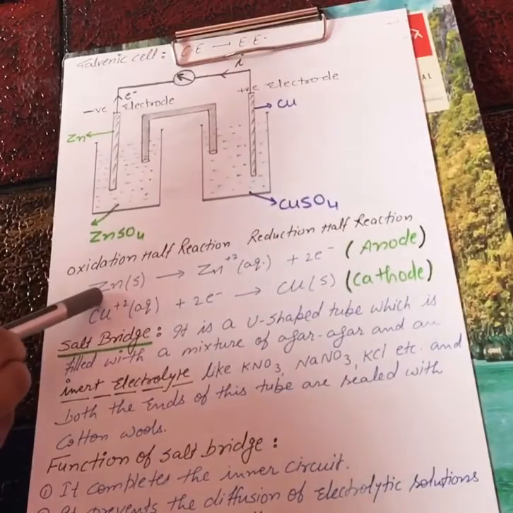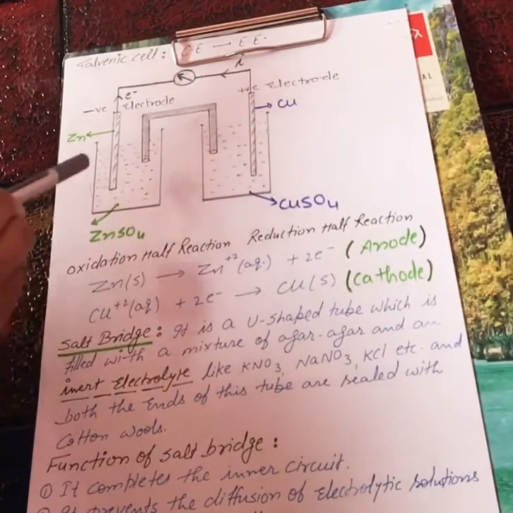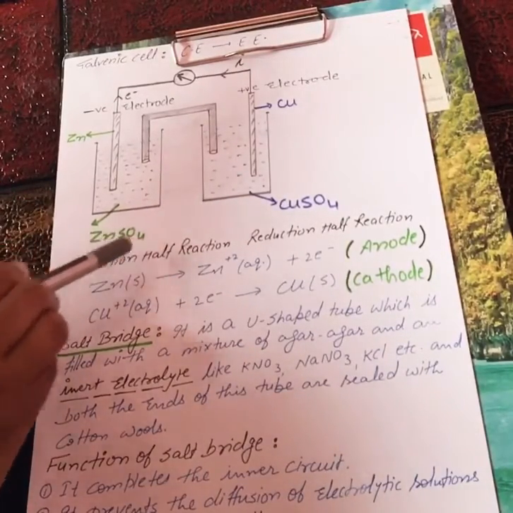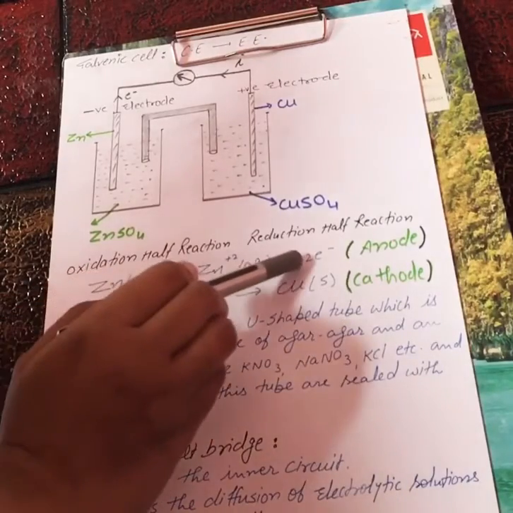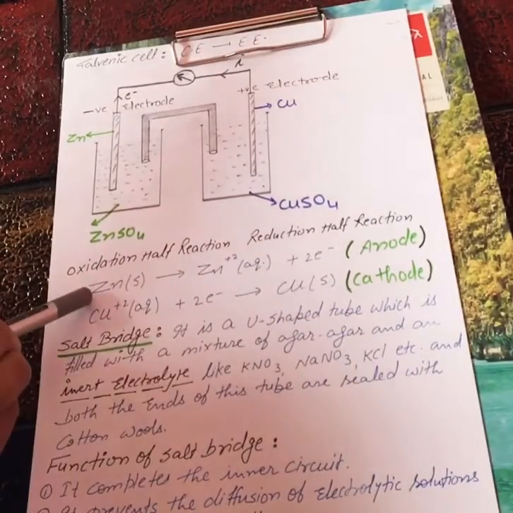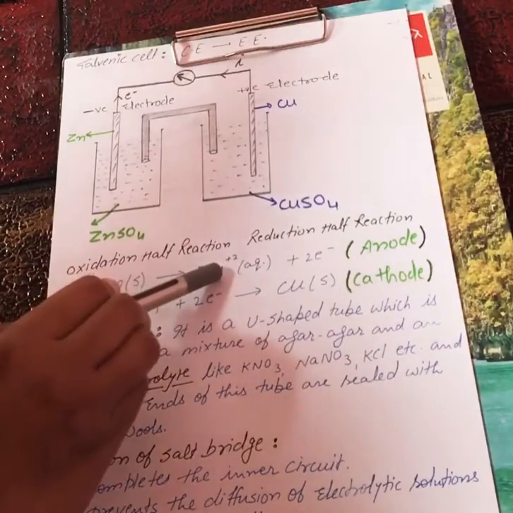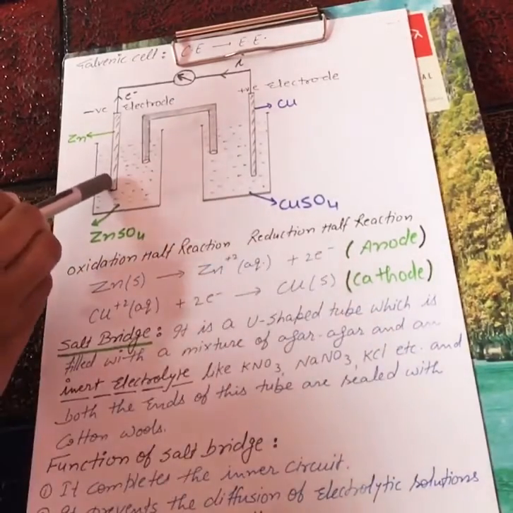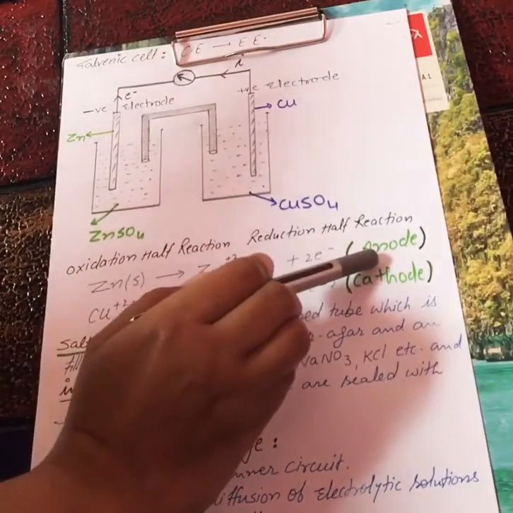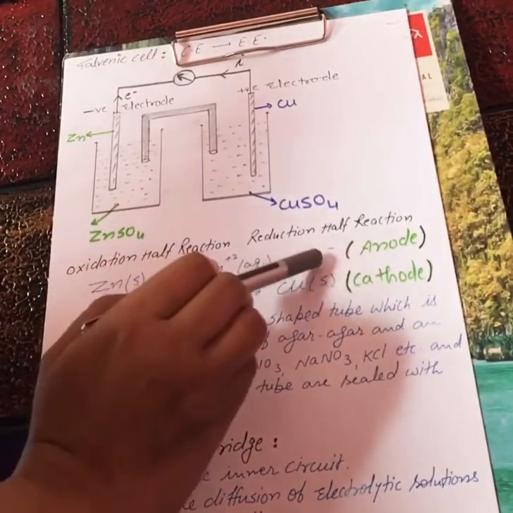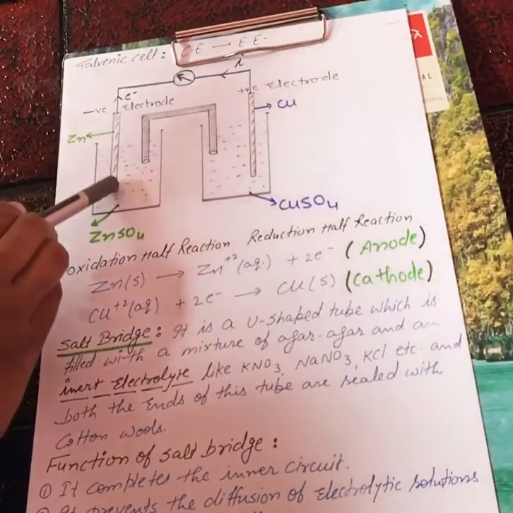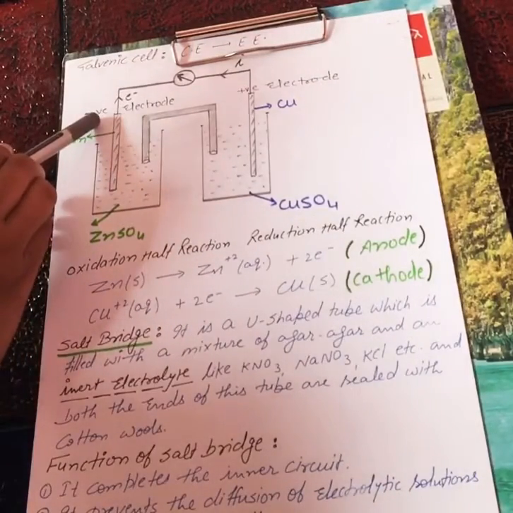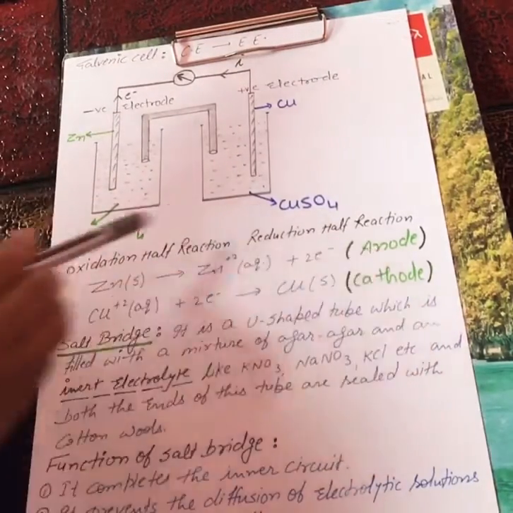Therefore, because of the zinc rod and ZnSO4 electrolyte, this reaction will take place. That means we can say zinc will be oxidized. If zinc is oxidized, this plate develops oxidation. If this plate shows oxidation, this plate acts as negative charge and is called anode.